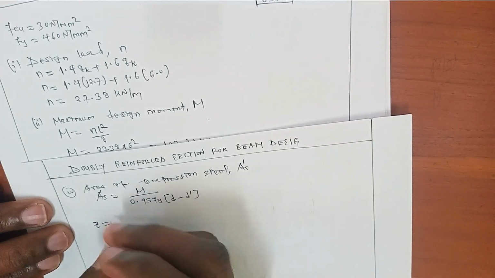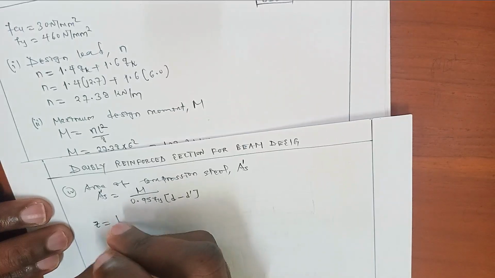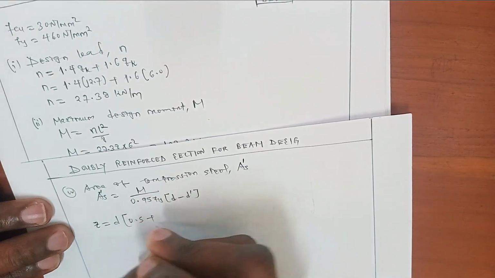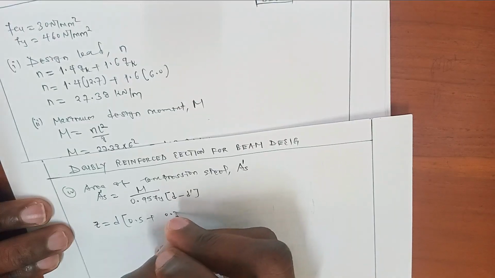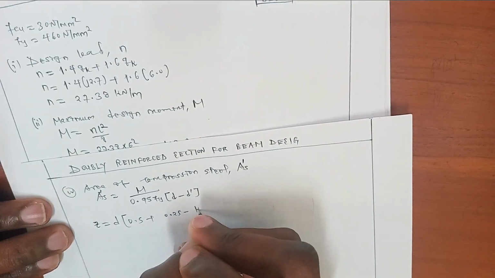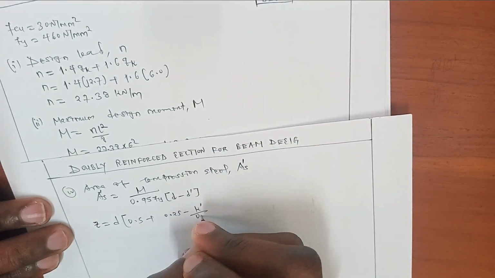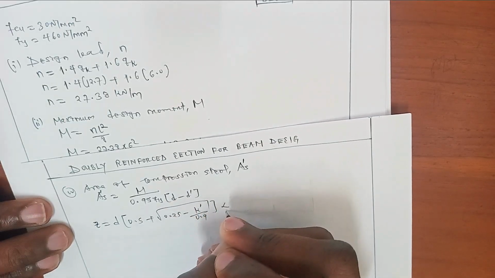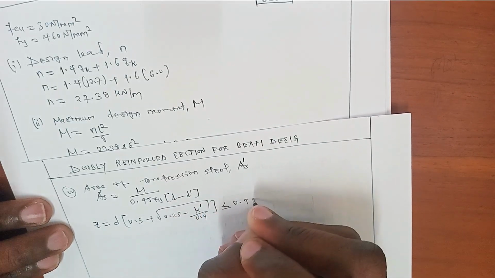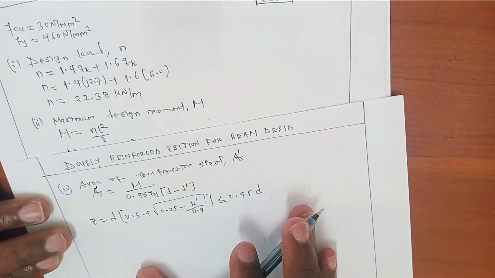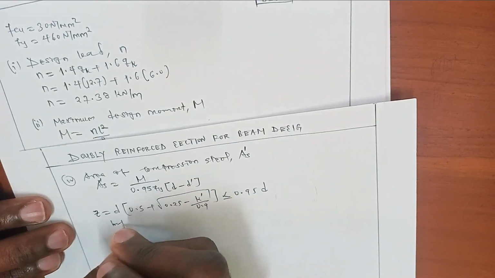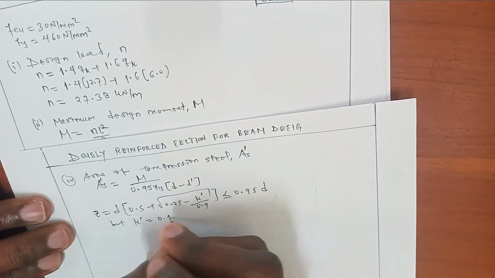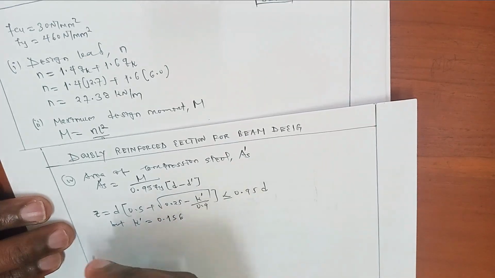Okay. First of all, let's find the value of Z, which is given by this formula: 0.5 plus the square root of 0.25 minus k dash over 0.9. This should be less than or equal to 0.95 times effective depth, but this k dash is equal to 0.156.